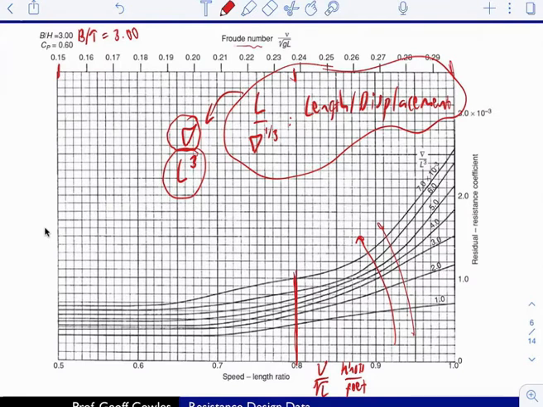And this is at a fixed prismatic coefficient and a fixed beam to draft ratio, so the only thing varying here is the length displacement ratio, or the displacement length ratio, the way they plot it. And these are residuary resistance coefficients times 10 to the minus 3 here. So that's the way we've been plotting it in class.